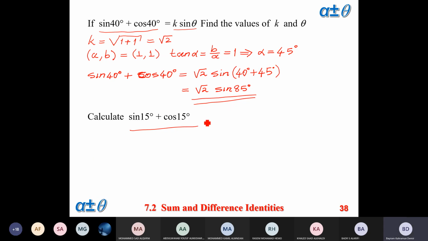Let's do this one. So sine of 15 plus cosine of 15 is equal to what, Shabab? What do you think? What is the k here? The k here will be root of 2. Same thing, right? Root 2 times sine of 15 degree, yani x plus alpha. What is alpha, Shabab?